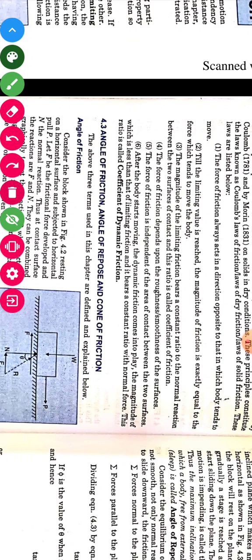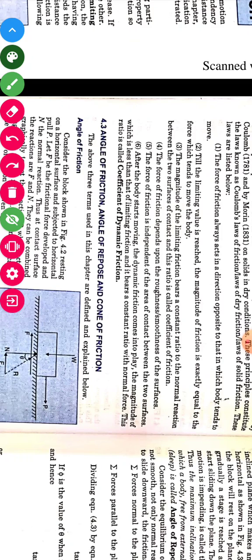If you are applying 10 newtons here, the friction force will also be 10. This goes on till the limiting value is reached. Once the limiting value is reached, after that friction force cannot increase.